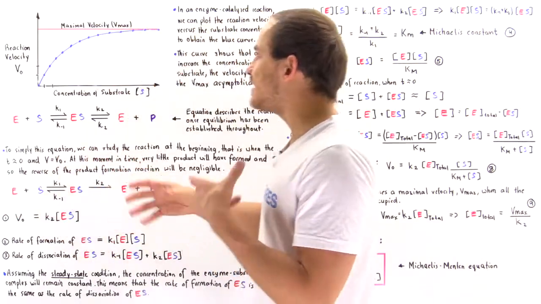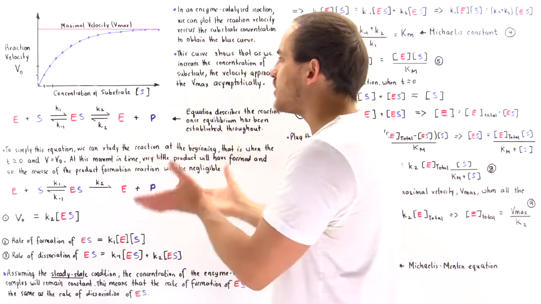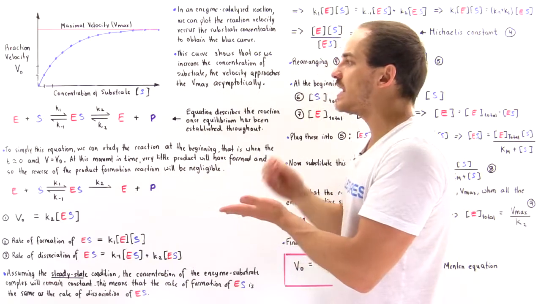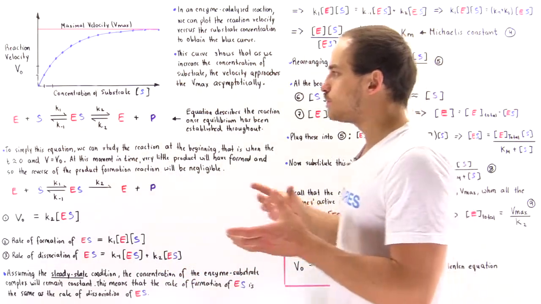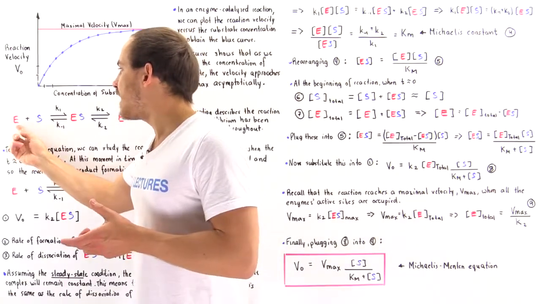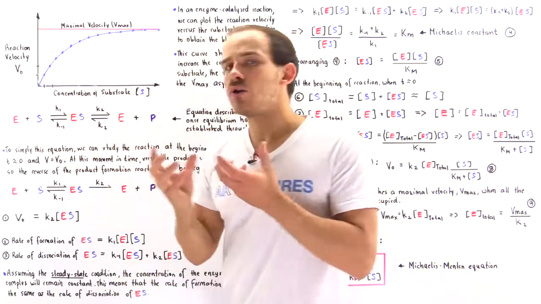So to see this in equation form, let's take a look at the following equation. This equation basically describes what is taking place inside that beaker once we add the substrate. So initially, we have the enzyme by itself, and then we add the substrate, and the substrate is also by itself.